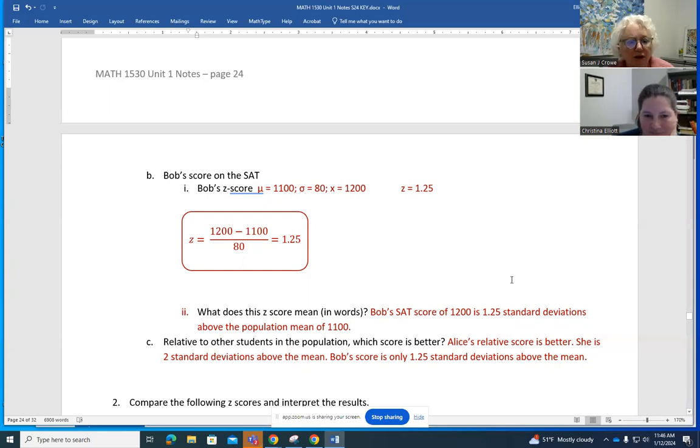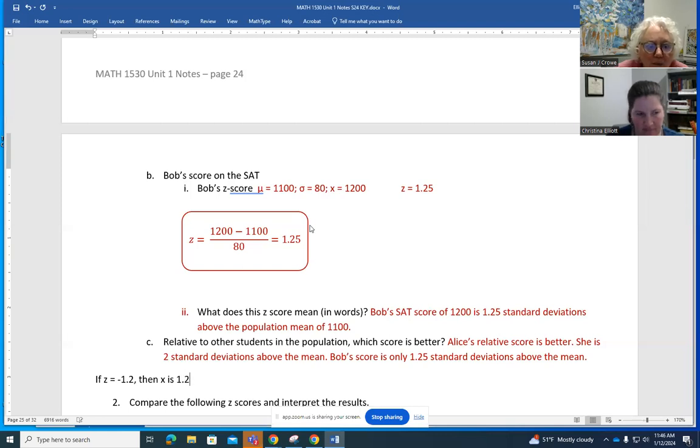Can we talk for a second about how you would word a negative z-score? Let's say we got a z-score of negative 1.2. Then we would say that the x value is 1.2 standard deviations below the mean.